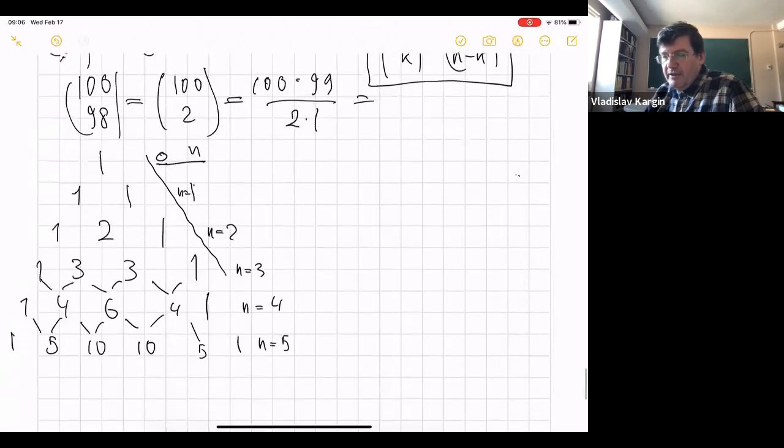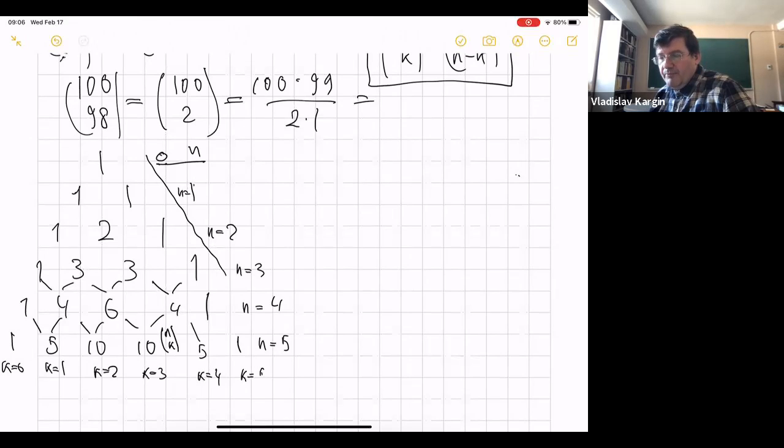And inside here is a k. Here's k equal to 0, k equal to 1, k equal to 2, k equal to 3, k equal to 4, k equal to 5. And this term here is the binomial coefficient, k out of n.